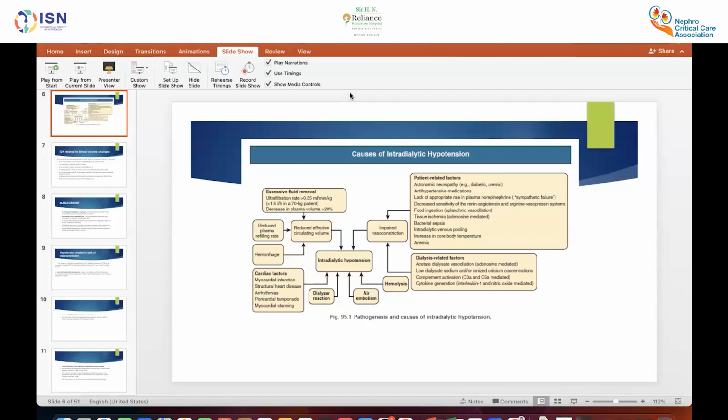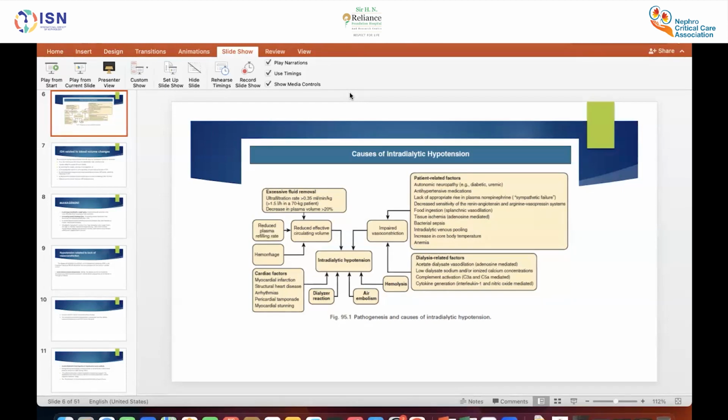Normal saline will be distributed 96% intravascular. So the 200 ml you are giving will remain in the intravascular compartment. It will not go outside. That's why expansion will happen, and that will reduce the hypotension.